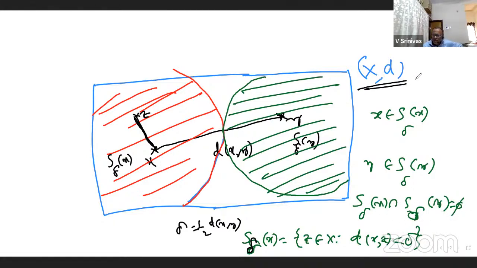So every metric space is T2. And you can show that T2 is T1. So you have this situation.